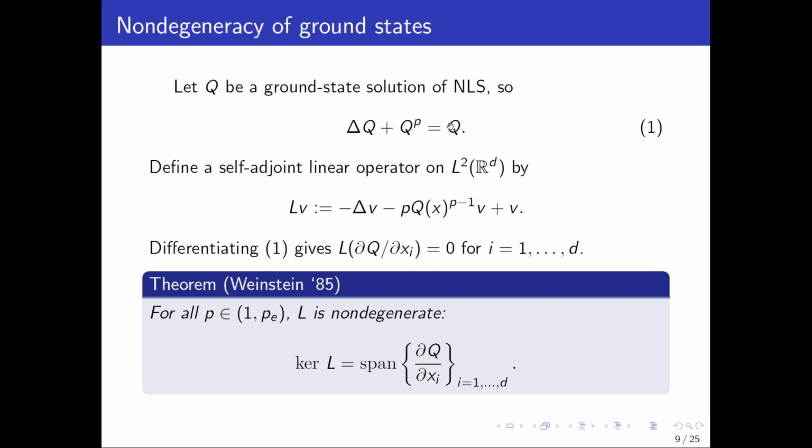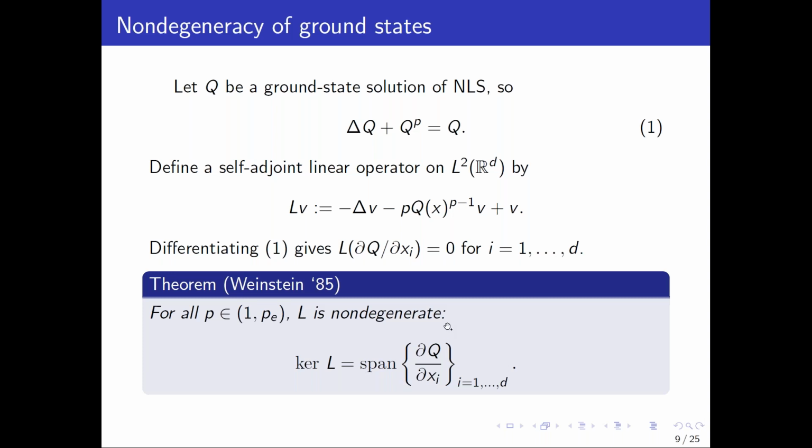So let me finally get to what I mean by non-degeneracy of ground states. This is something that was proved by Weinstein in '85 for the NLS equation. Except Weinstein didn't quite prove this because his proof relied on the uniqueness of ground states, and that wasn't proved till 4 years later by Kwong.